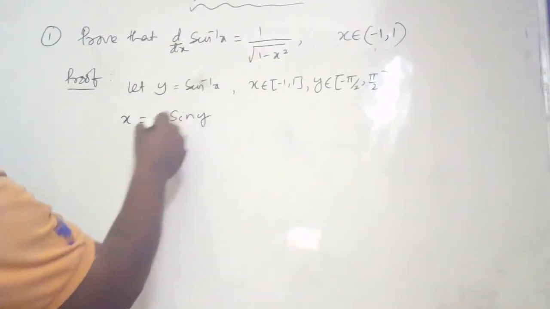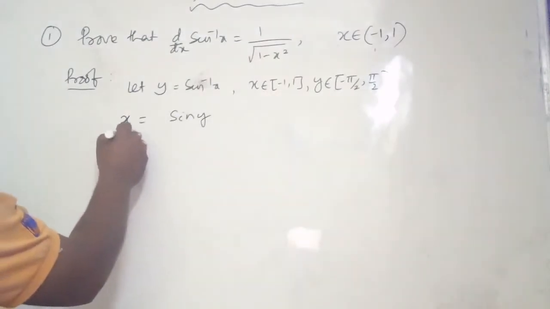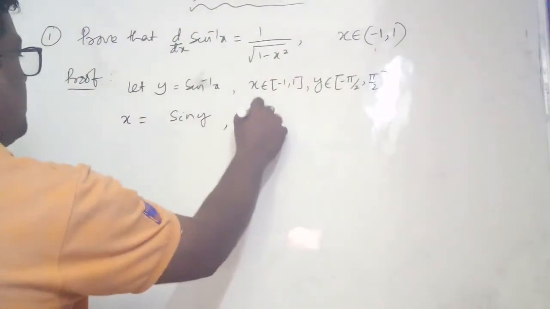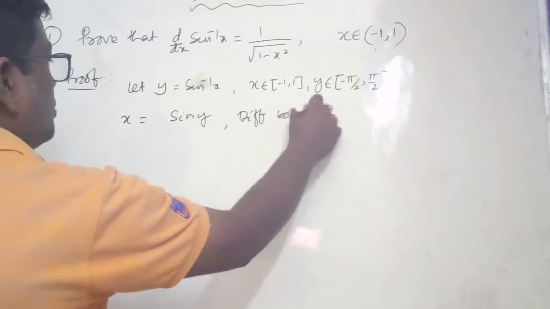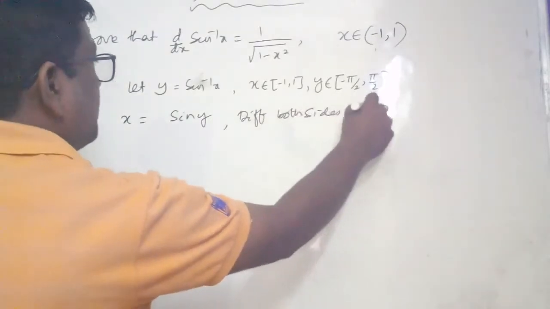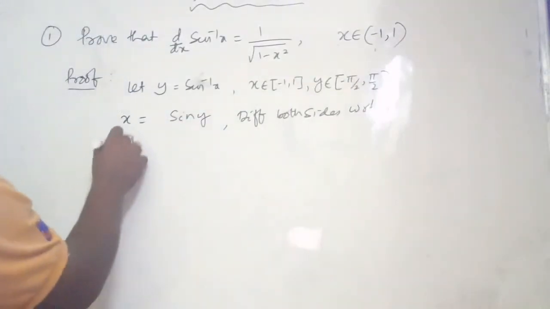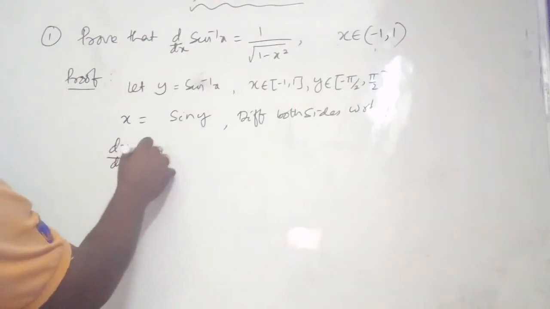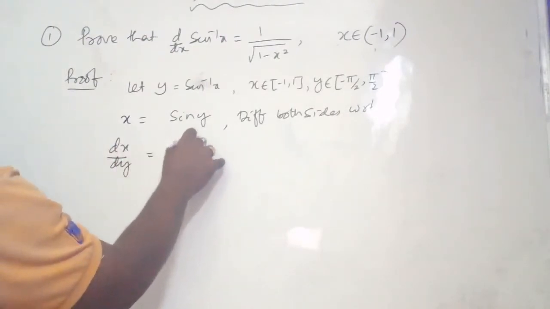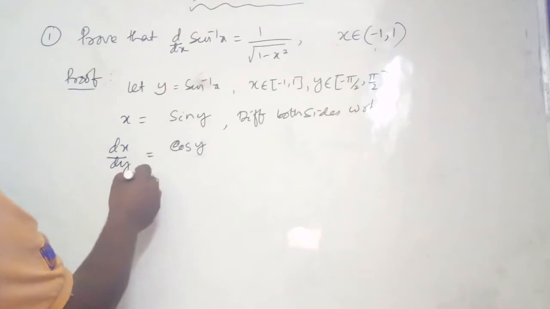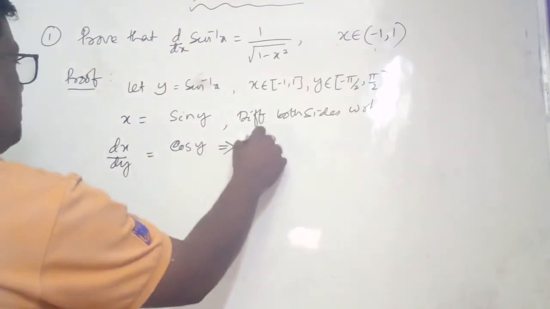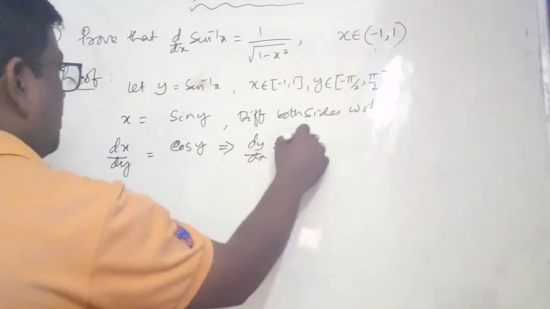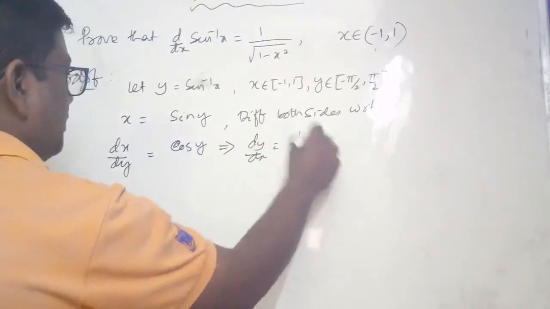Now x is equal to sin y. Differentiate both sides with respect to y here. So dx by dy means cos y, and that implies dy by dx is equal to 1 by cos y.